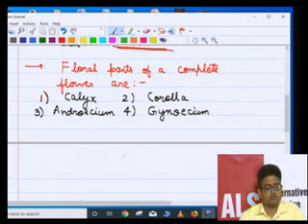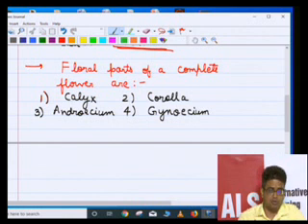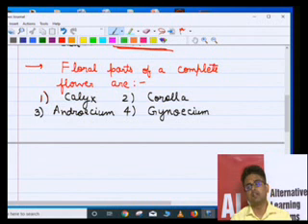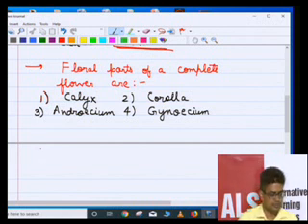Normally a complete flower consists of all these 4 parts. But if one or the other part is missing, it is called an incomplete flower. So please write it.